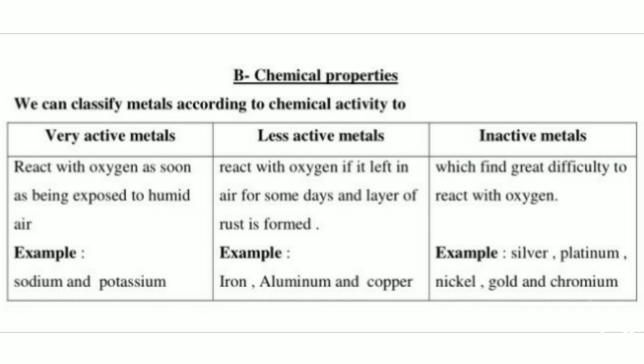Very active metals react with oxygen as soon as they are exposed to humid air, such as sodium, potassium. But less active metals react with oxygen after a few days, such as iron. Inactive metals find great difficulty to react with oxygen, such as gold, silver.